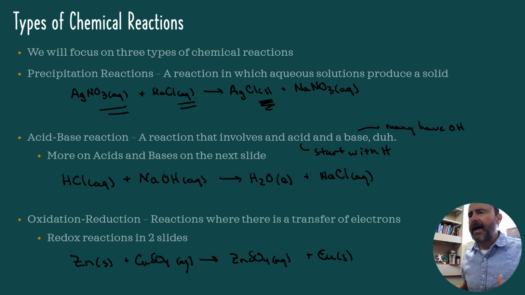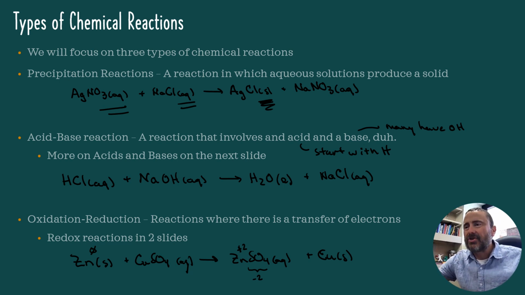Well, whenever I've got a neutral atom like zinc there, it has a charge of 0. But over here, when I've got this zinc sulfate, sulfate has a charge, by the way, of -2. And so for the whole thing to be neutral, my zinc has to have a charge of +2.